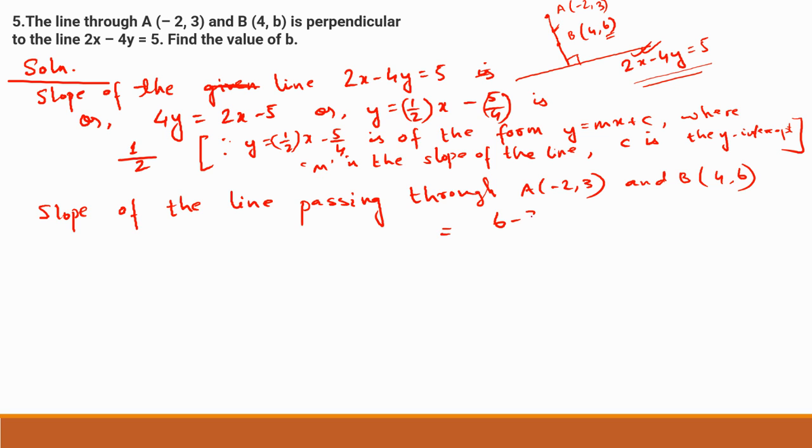Slope is b minus 3 divided by 4 minus of minus 2. This will give us b minus 3 over 6. So now you see these slopes, this one which you got as half and this one b minus 3 by 6. Since these are perpendicular to each other, when multiplied this should give us minus 1, right?